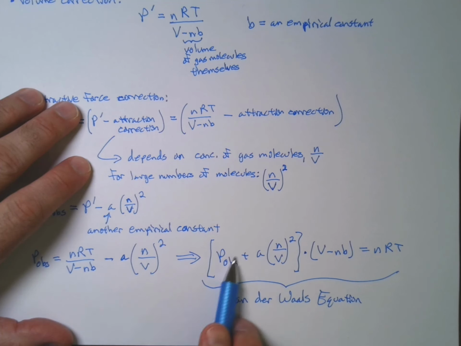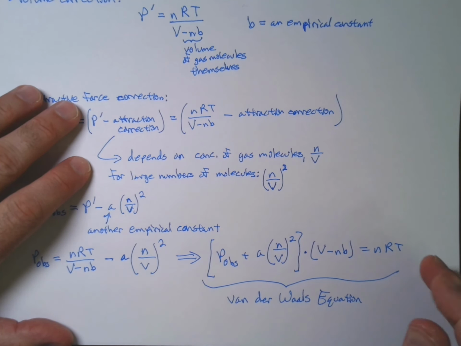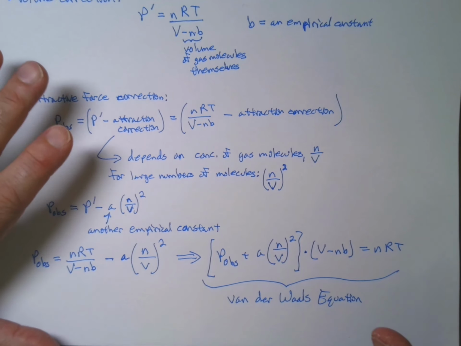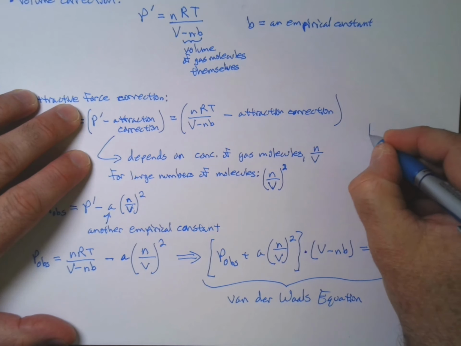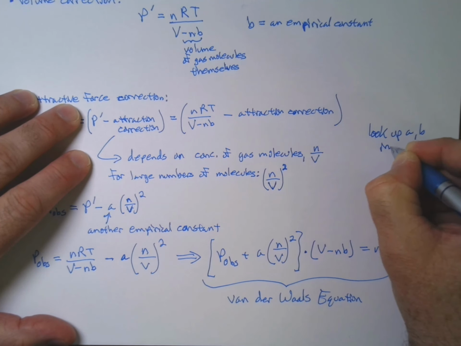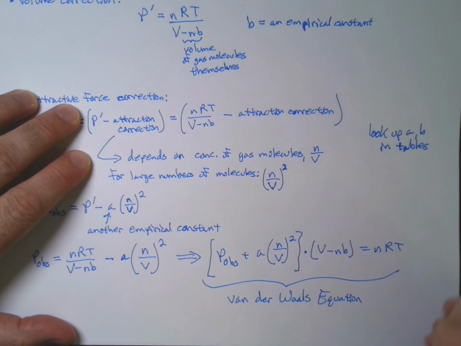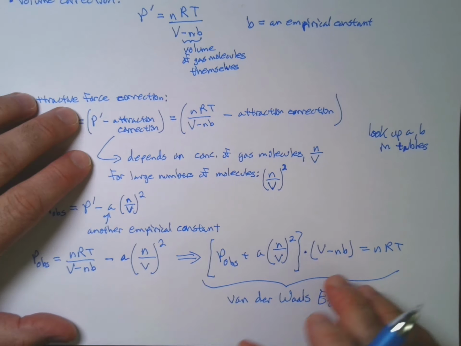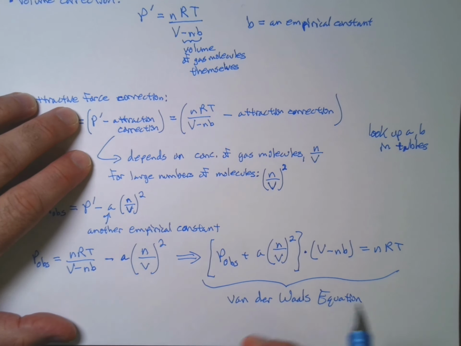So that's our corrected pressure times a corrected volume equals nRT. So if you want, you could look up a and b in a table, and you'll see they have different values for different gases. And so you could do an actual calculation, say a stoichiometric calculation, using a real gas.